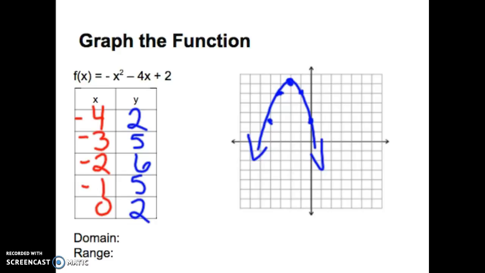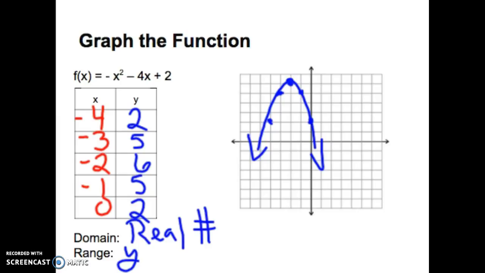Last but not least, we need to write our domain and range. Remember the trick. This is a quadratic, meaning that our domain is all real numbers. Always, for any quadratic, plug in any number. Our range, we take a look. It always starts off with y, because our y values deal with range.